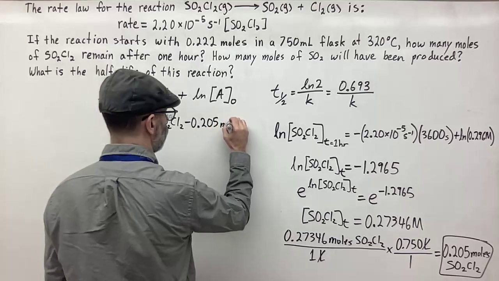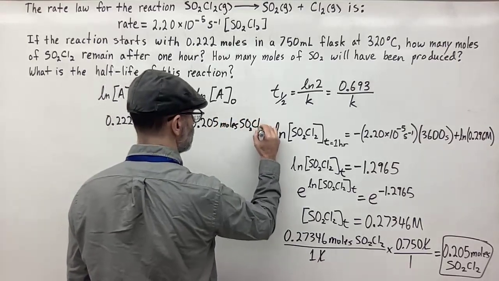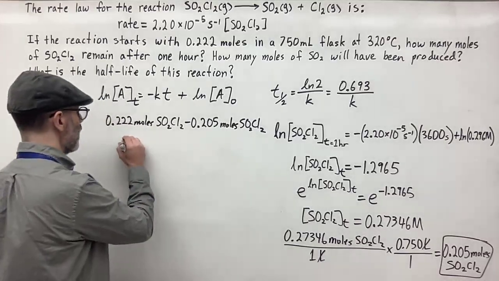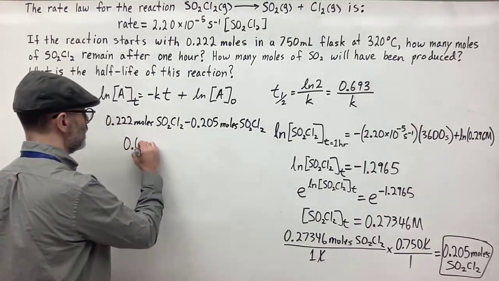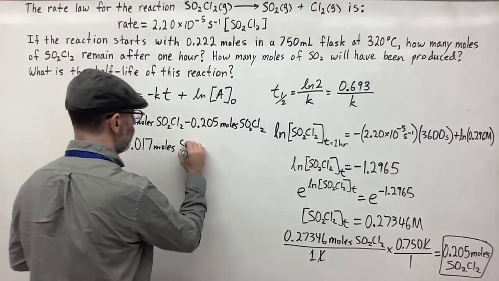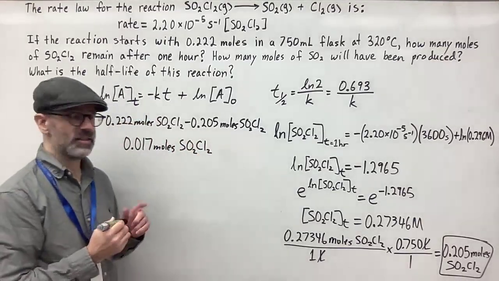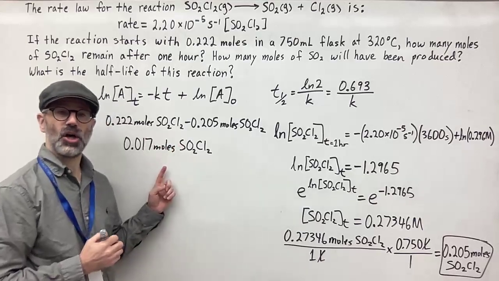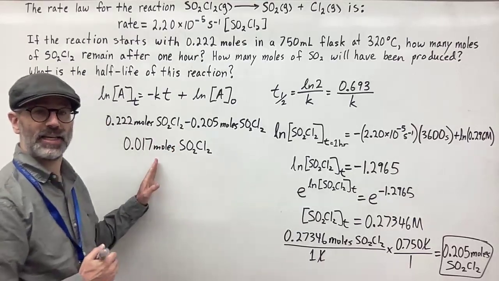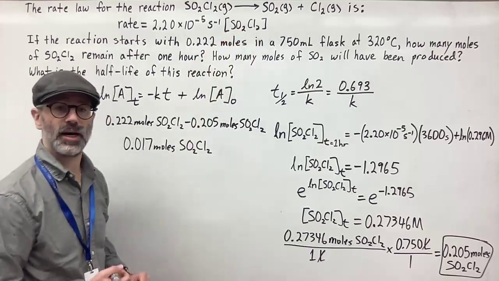If we subtract that, then we have 0.017 moles of SO2Cl2 reacted. This is what we lost. This is what has been converted into SO2, the product, right? So we have the product there.